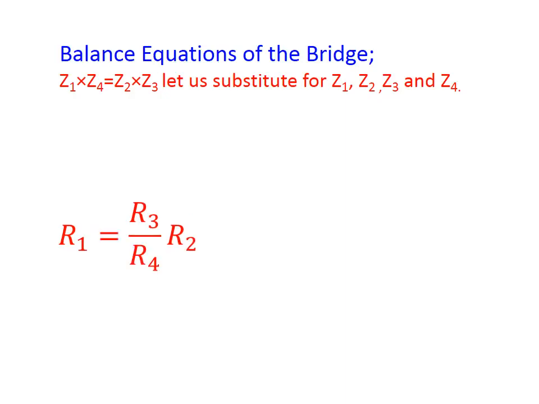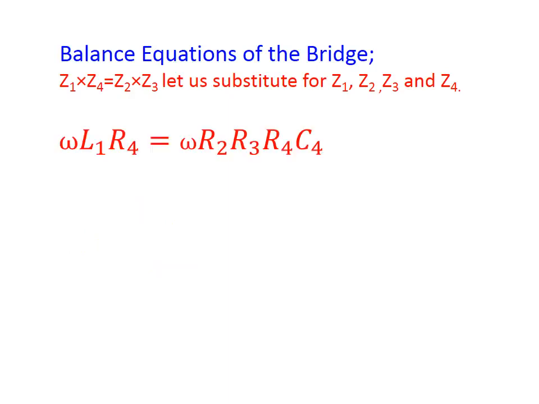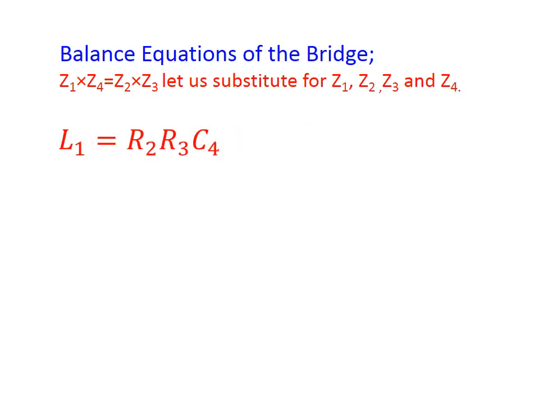From this equation, we get the expression for unknown resistance R1 as R1 equal to R3 upon R4 into R2. Equating the imaginary parts, we get omega L1 R4 equal to omega R2 R3 R4 C4. From this equation, we can write an expression for unknown inductance L1 as L1 equal to R2 R3 C4.